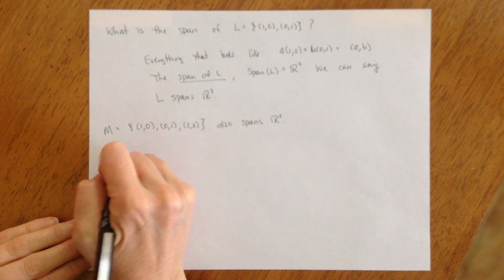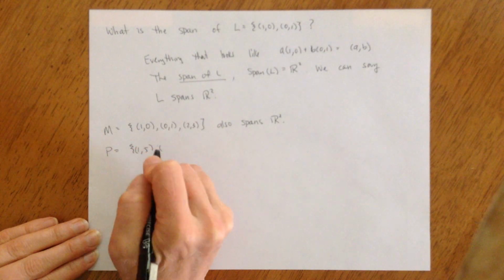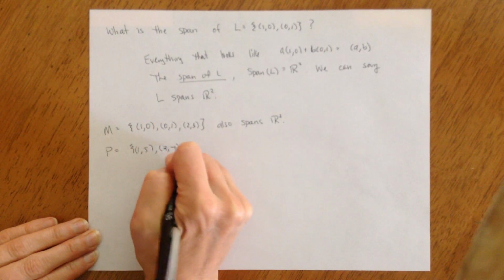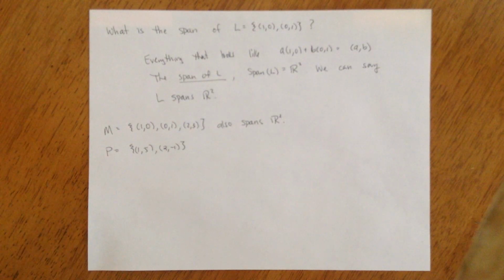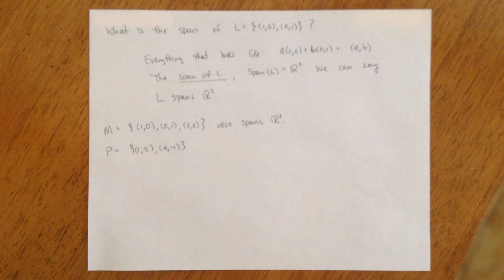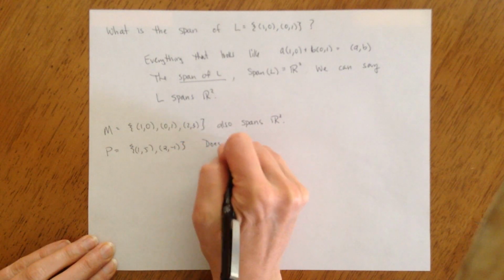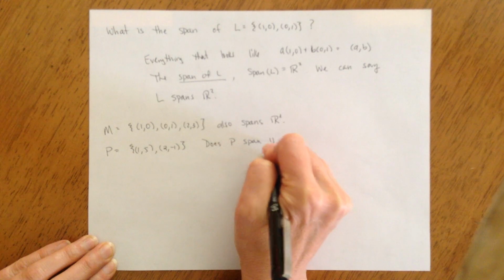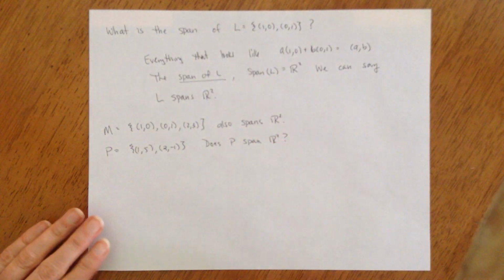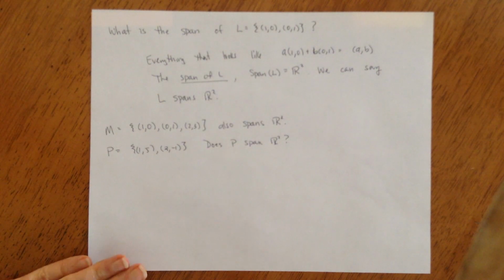How about P equals 1, 5, and say 2, -1. Does this set, the set containing the vector 1, 5 and the vector 2, -1, does this span R2? Does P span R2? In order to know that, we'd have to take some general element in R2.